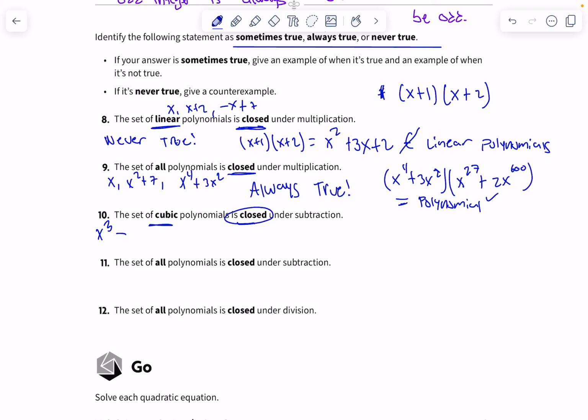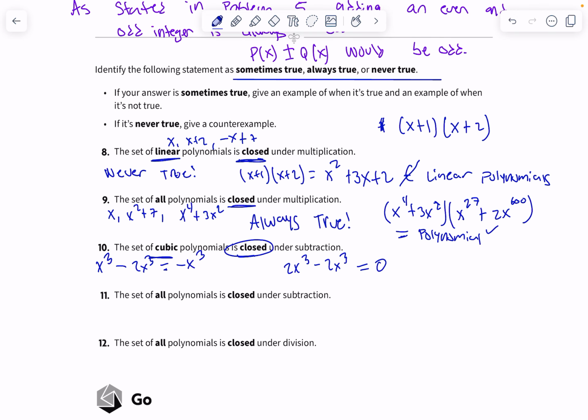Like x cubed minus 2x cubed is equal to negative x cubed, right? Okay. So which is indeed a cubic polynomial. But then let's think about if I had 2x cubed minus 2x cubed, that's equal to what? 0.